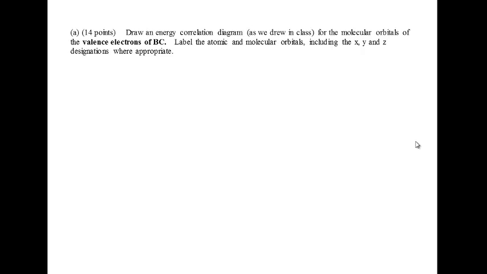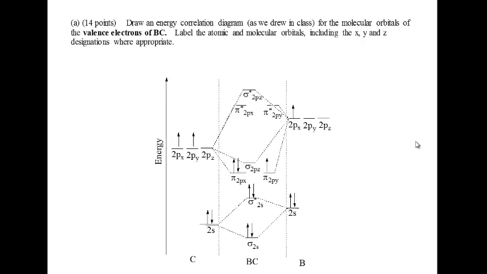Now, let's go to question 3. Draw the energy correlation diagram for boron carbide, BC. Since both boron and carbon have atomic number less than or equal to 7, pi 2p is going to be lower in energy than the sigma 2pz.